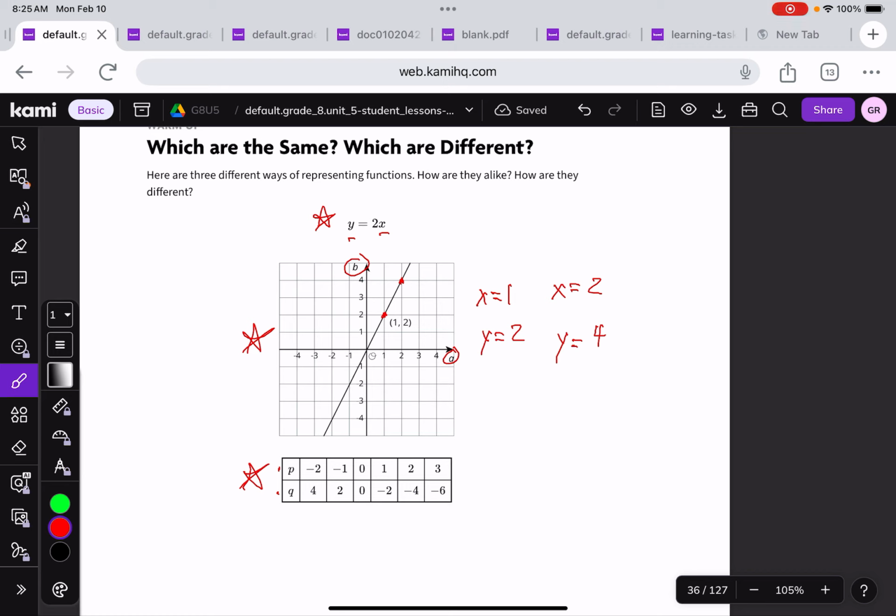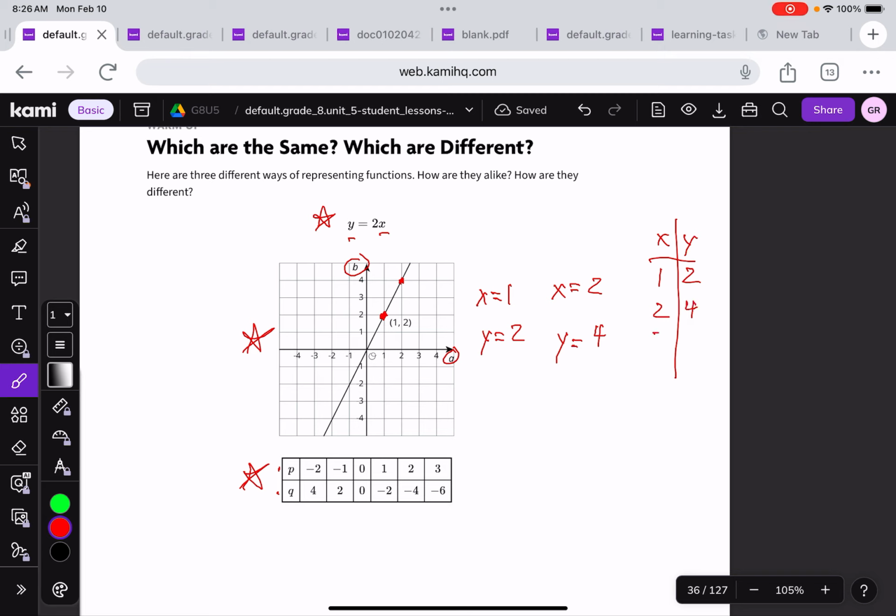And I don't know if you're noticing this. If you plug in an x value for this equation, if you get 1, y is 2. If you plug in 2, you get 4. So if we wanted to, we could make a table of x and y, and we got 1 and 2. We got 2 and 4.